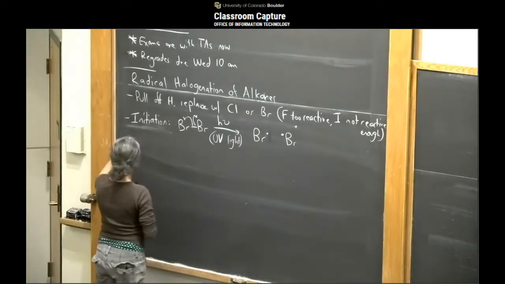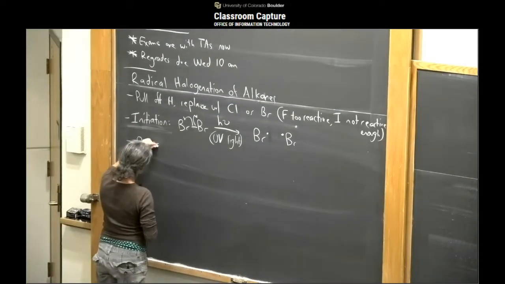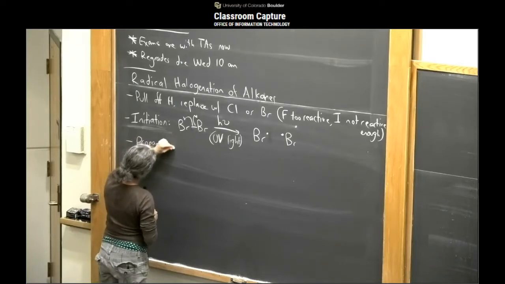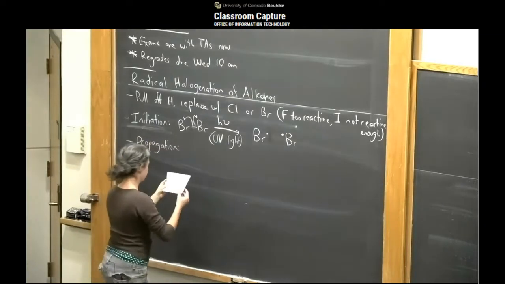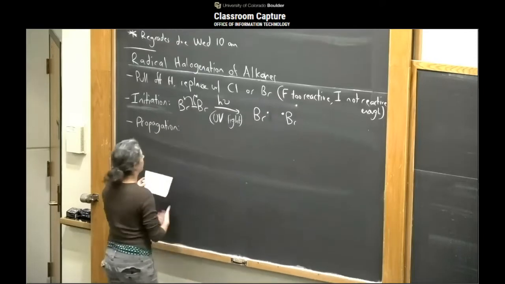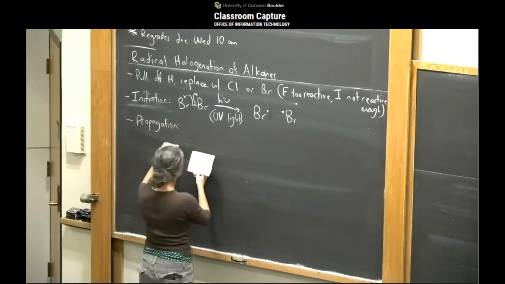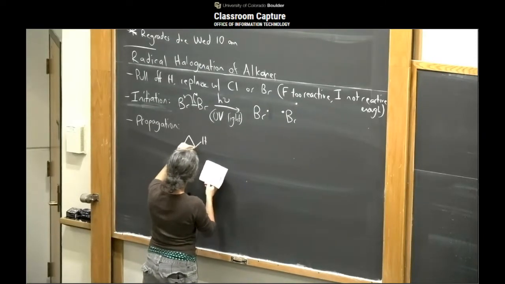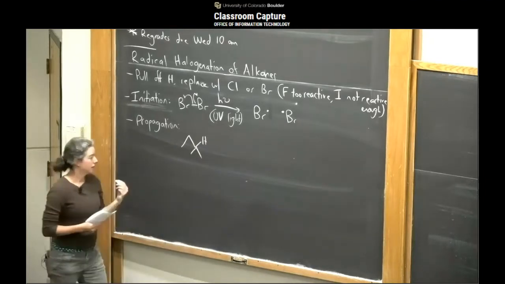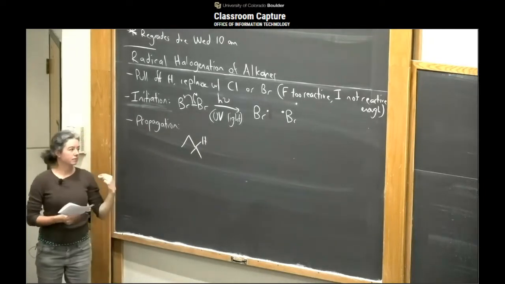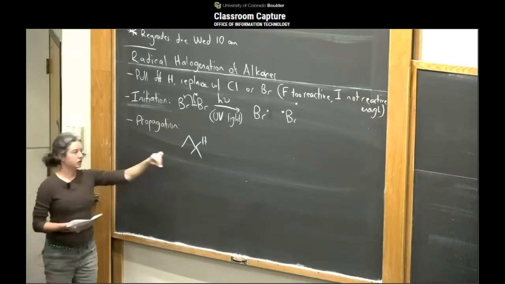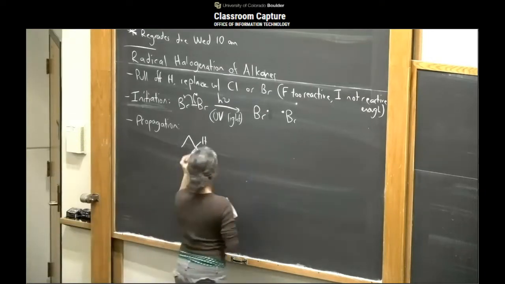Okay, so next up is propagation. So I'm going to show it happening to this specific molecule for reasons that I'll get into later. Okay, so it turns out that the most substituted H is going to be the best place to do this.